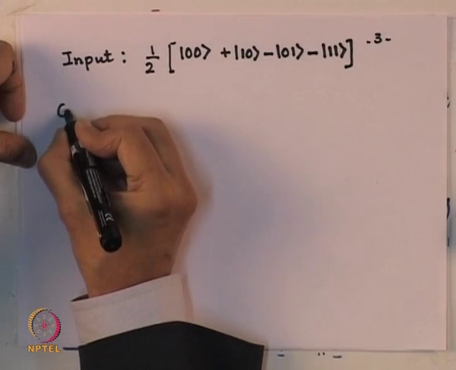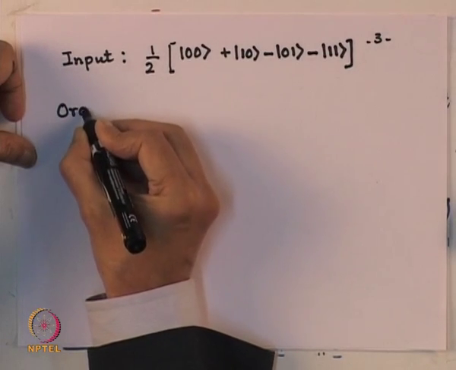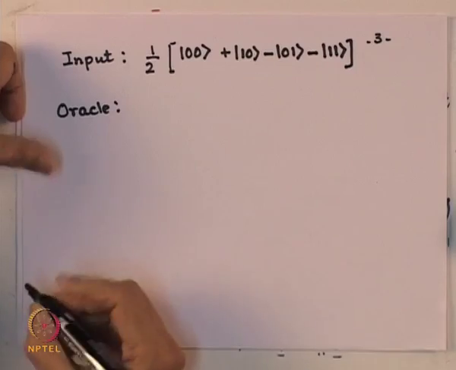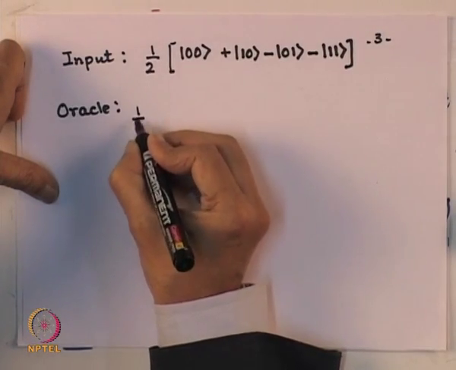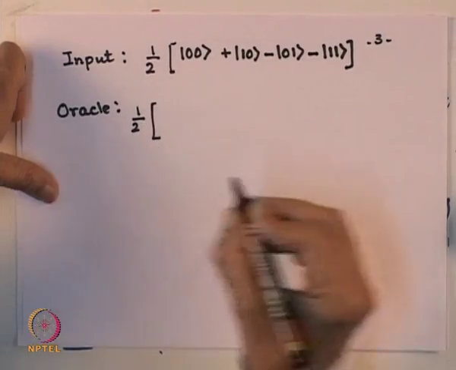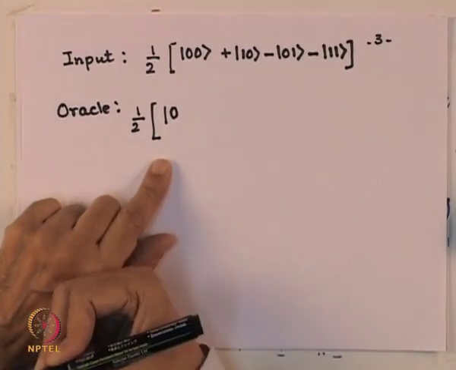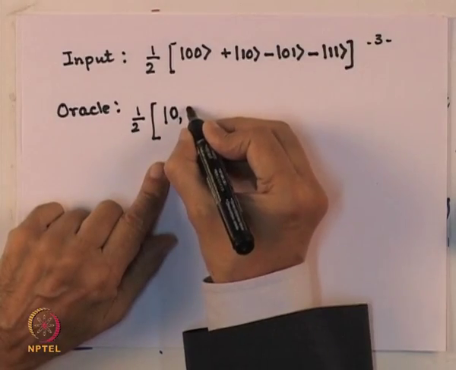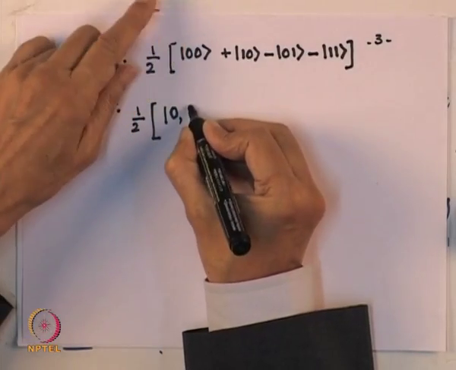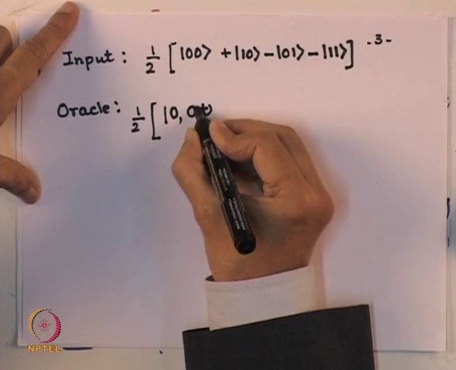Now what does the oracle give? The oracle will give you half. Remember what the oracle does? It keeps the x bit unchanged. The y bit becomes 0 plus f(x), which is f0.